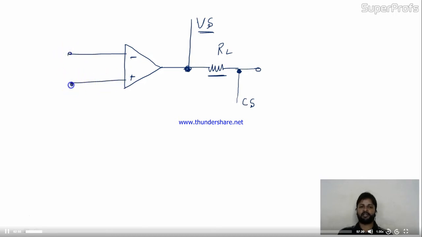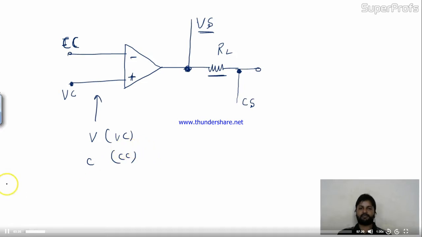Positive terminal and negative terminal. If anything is connected to the non-inverting terminal, it will definitely be voltage control. And if something is connected to the negative terminal, it will always be current control. Apart from this, if at the input you apply some voltage, it will be voltage control. If you apply current, it will be current control. We'll see in the problems.